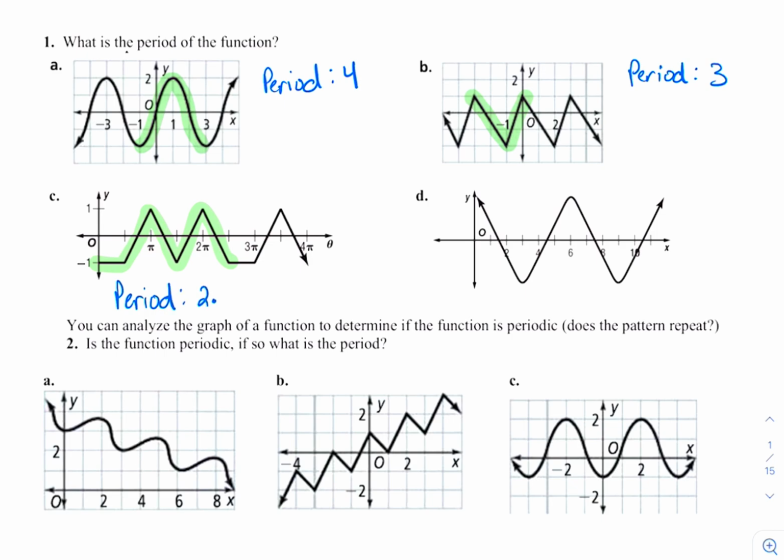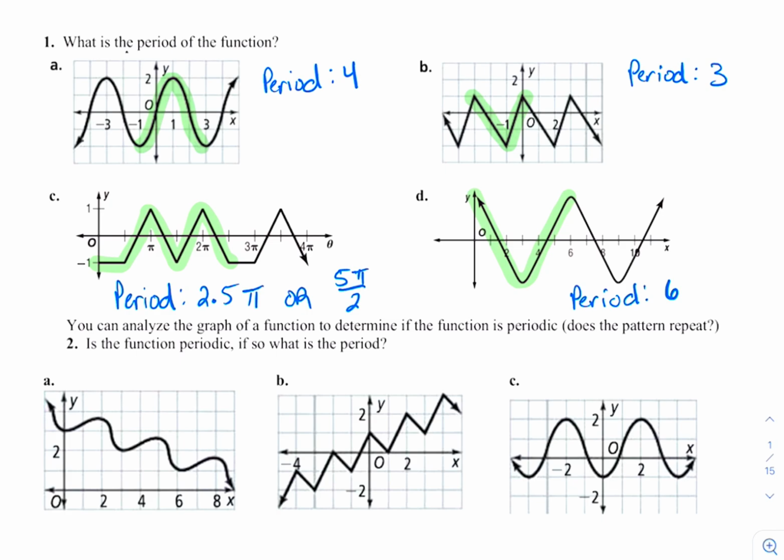I can write that as 2.5 pi, or if we prefer fractions, this would be 5 pi over 2. And then for my last example, this could be a cycle, and I'm going from 0 to 6 for that horizontal length. So the period for this function, oh, that is not how you spell period, is going to be 6.